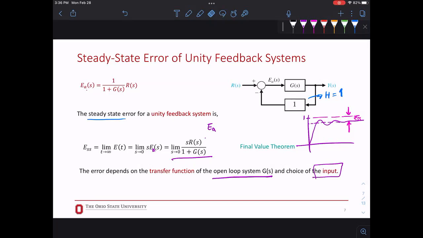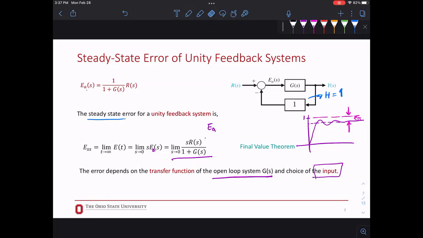Step is the first one. So if I say, okay, I'm going to see the steady state error of the system if the input was a step, then whatever I get will depend on only what? The error depends on two things, the transfer function of the system and the input.